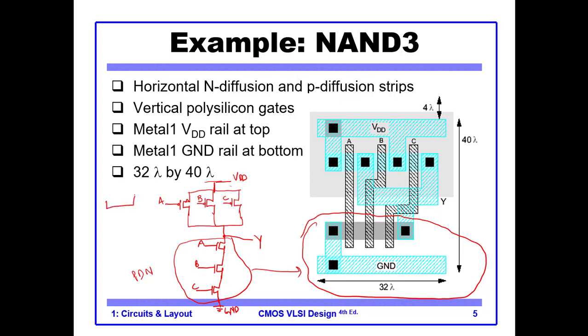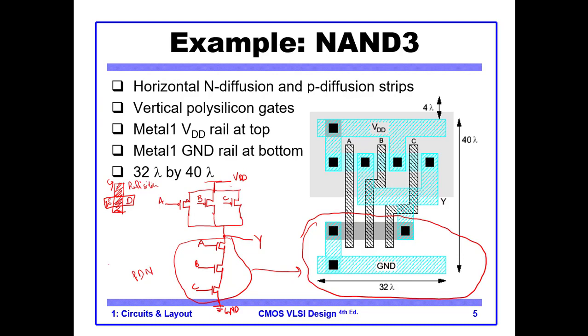Basically a transistor is something like this. You have this substrate, and on top of this substrate you have the polysilicon strip, this one. Whenever you have this kind of plus sign, on one side a source and on the other side a drain will be formed, and this strip of polysilicon is your gate.